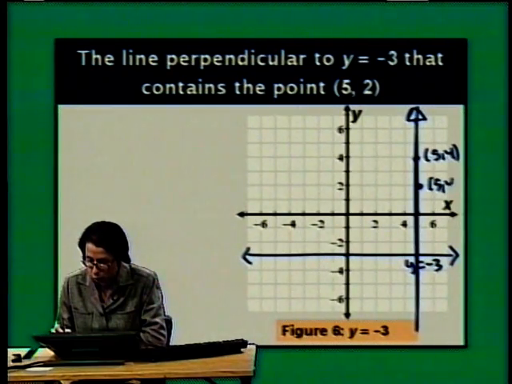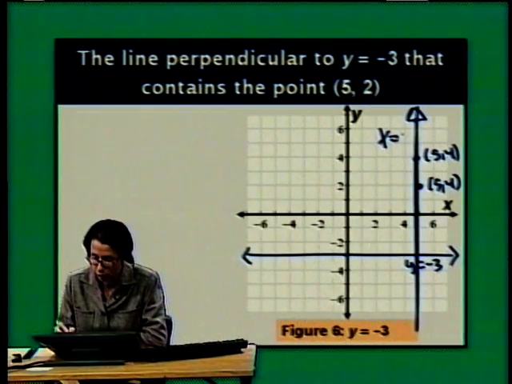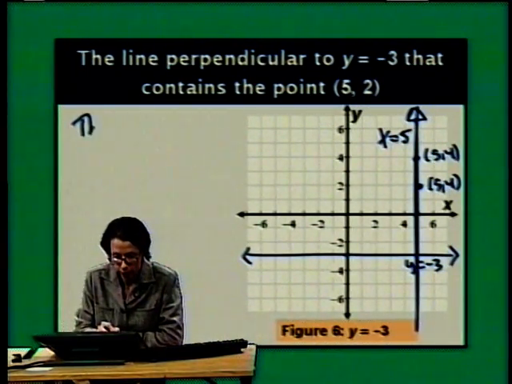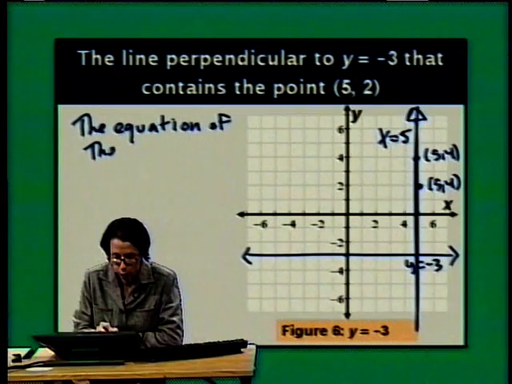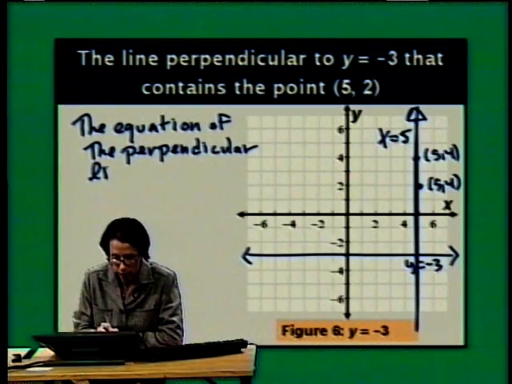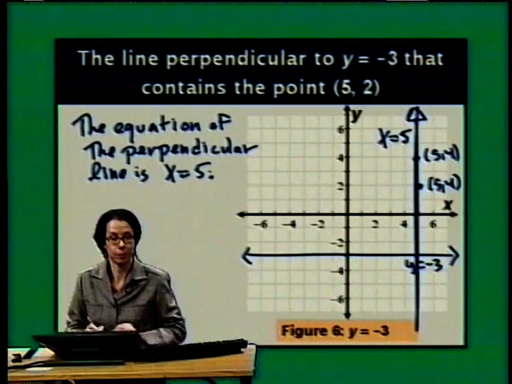For all of these points, the first coordinate x equals 5. So the equation of this line is x equals 5. So I can conclude that the equation of the perpendicular line is x equals 5.